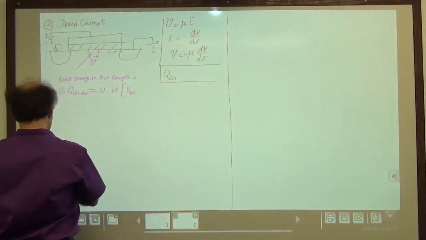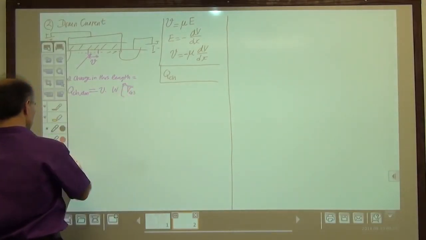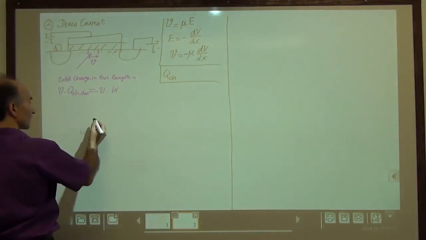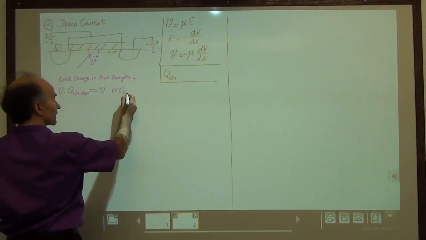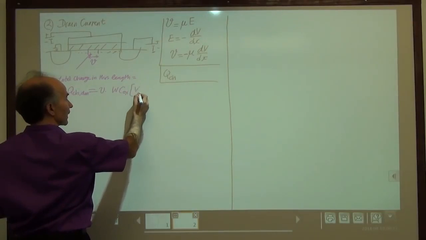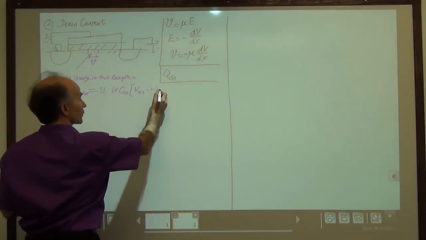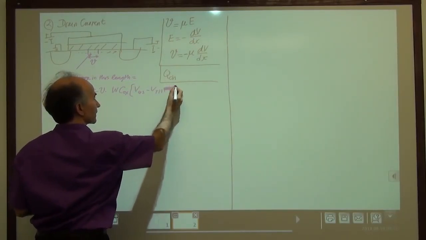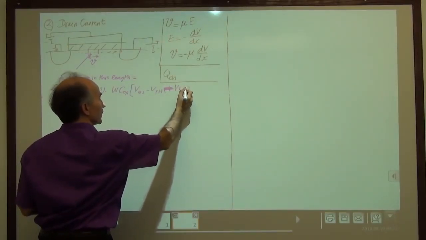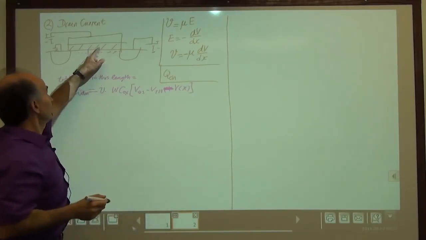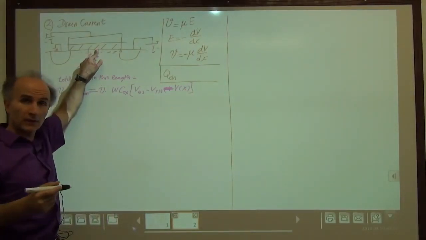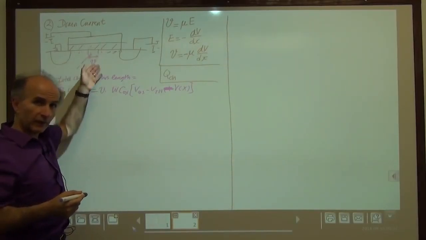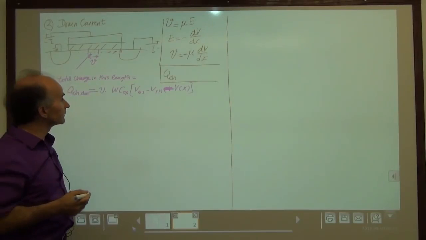Sorry, there was a Cox here, let me put the Cox back in. So W Cox, then we had (VGS minus VTH). And unfortunately, we also had minus V(x), because the potential somewhere along the channel, right around here, was not equal to 0. It was V of x. So we had to subtract that from the effective voltage across the capacitor.